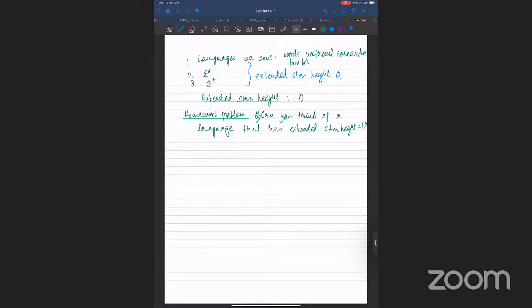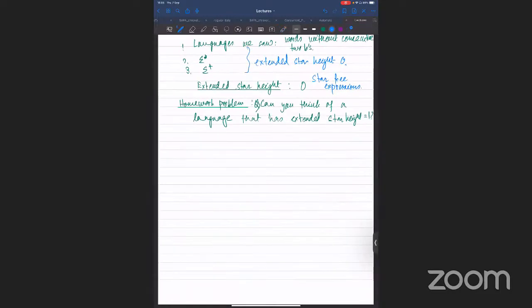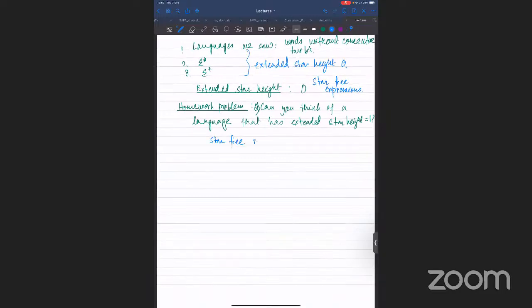So these languages with extended star height 0 are also called star free expressions, or often star free regular languages. When I say star free, it's considering extended star height. Clear enough?